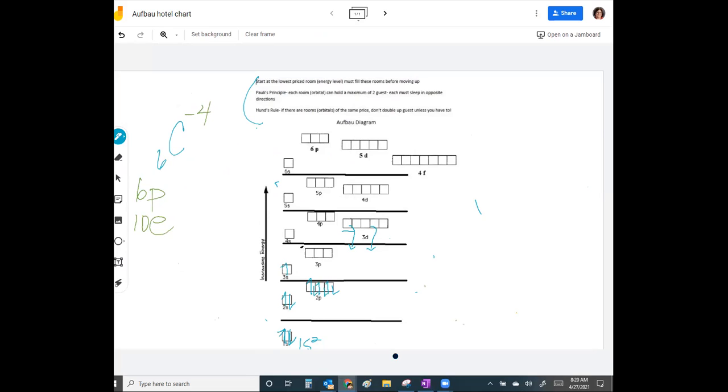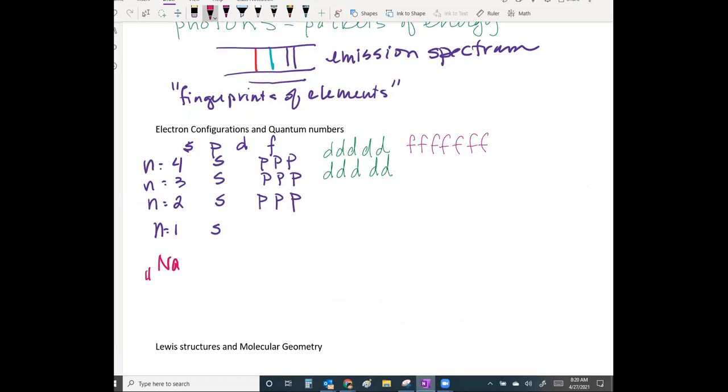And the code for that is 1s2, 2s2, 2p6, 3s1. Okay, you can't have more than 2 electrons in a box. The 2 that are in there must sleep separately, opposite. And Hund's rule says you don't double book until you have to. Okay, so 1s2, 2s2, 2p6, 3s1.